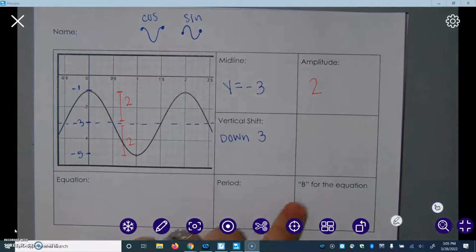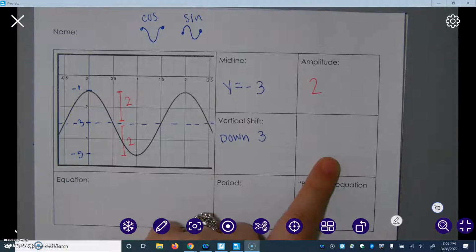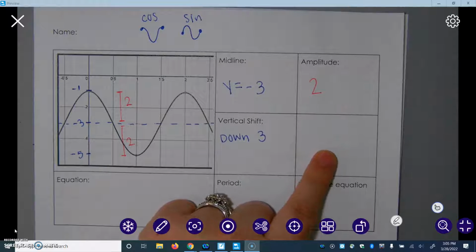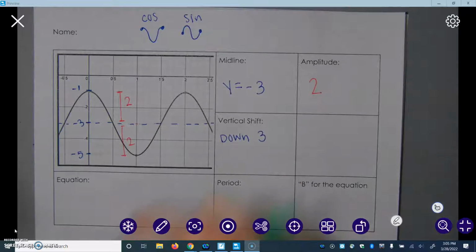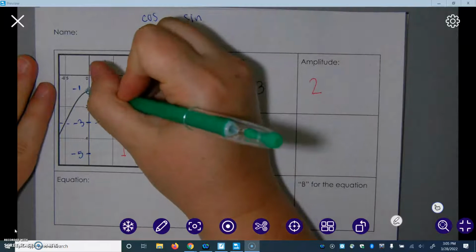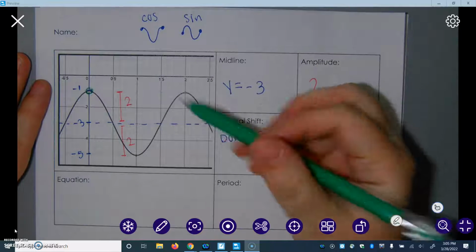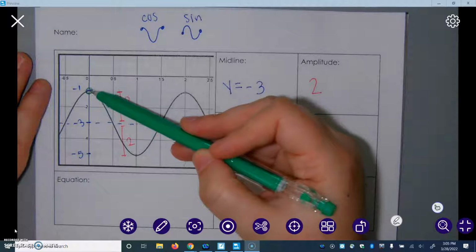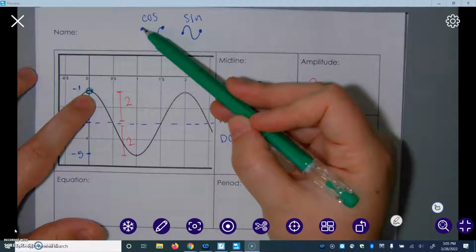All right, now I got to try to figure out whether this looks like sine or cosine. So start on the y-axis. Always start on the y-axis. So see how this is a maximum? That's matching the cosine graph.